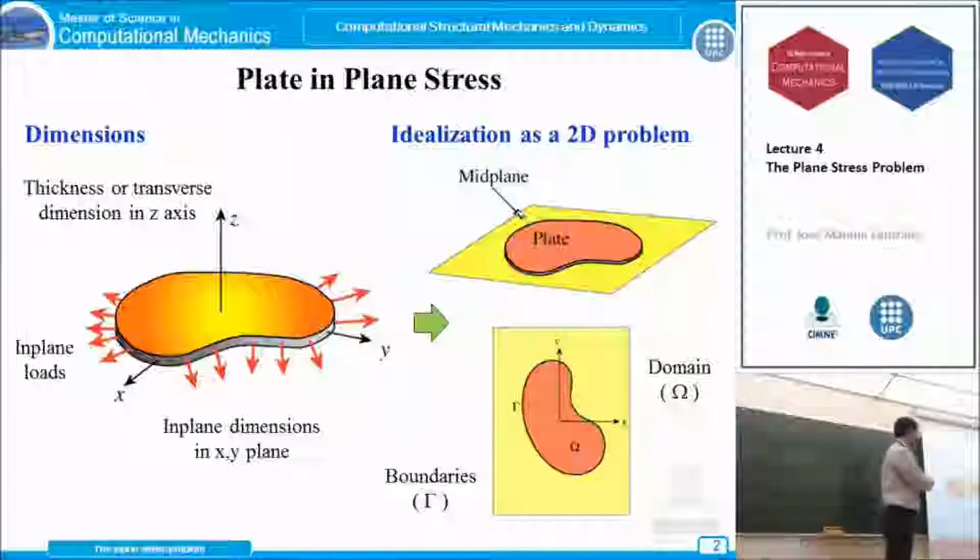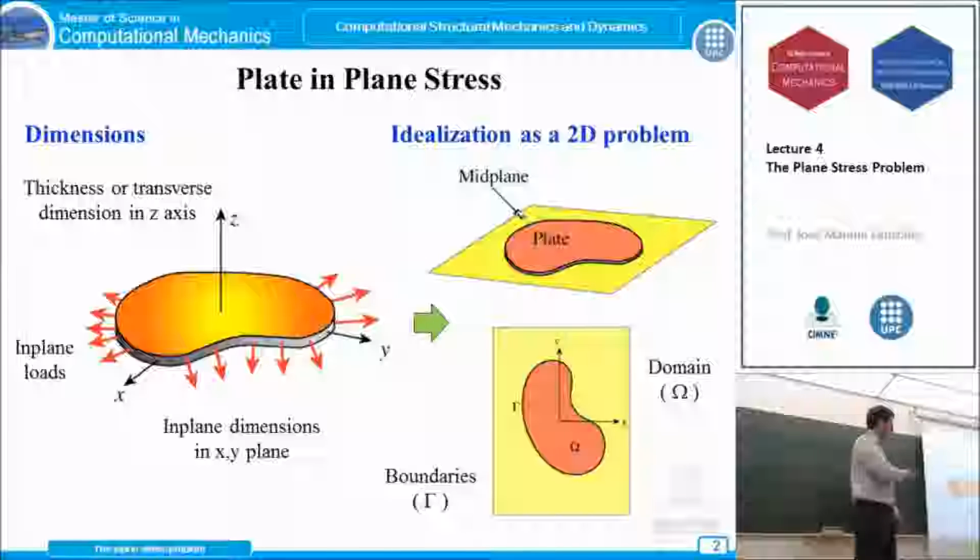We call these in-plane dimensions x and y, the plane where the plate is placed, and usually the thickness we consider in the z direction, and we consider this plane stress problem when this thickness is quite smaller than any of these in-plane dimensions.